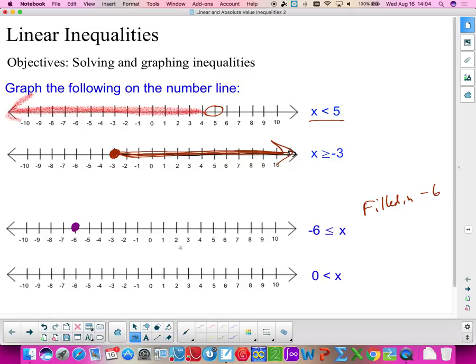But it's a little confusing in this next one. So if I'm not sure which way it's going to go, pick a number on one side of negative 6. Give me any number besides negative 6. Negative 5. Okay? Is negative 6 less than or equal to negative 5?